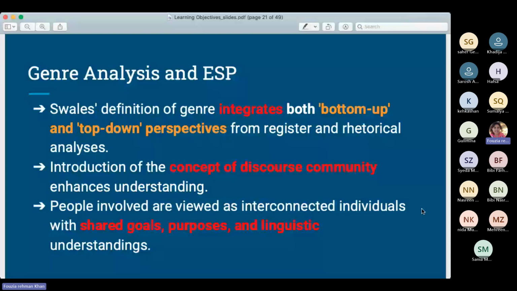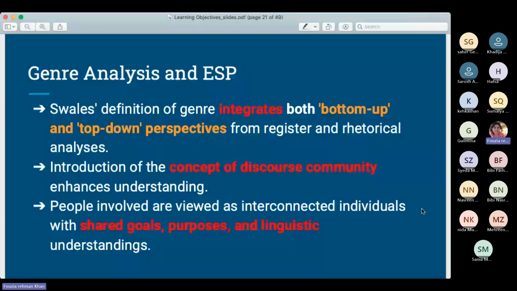The members of the discourse community should share certain goals. They should have similar purposes, and they should share language with each other in terms of registers, discourse, and rhetoric. I hope the concept of genre analysis is clearer.